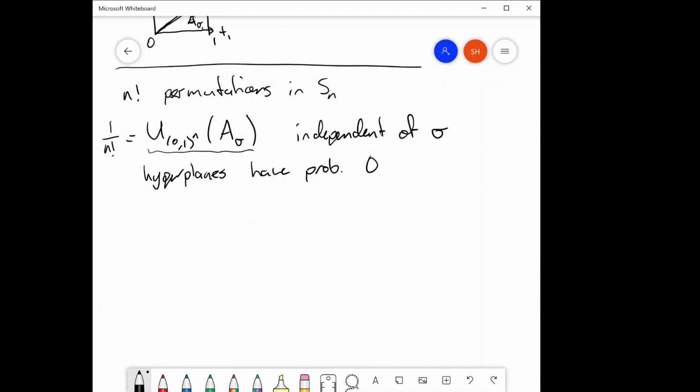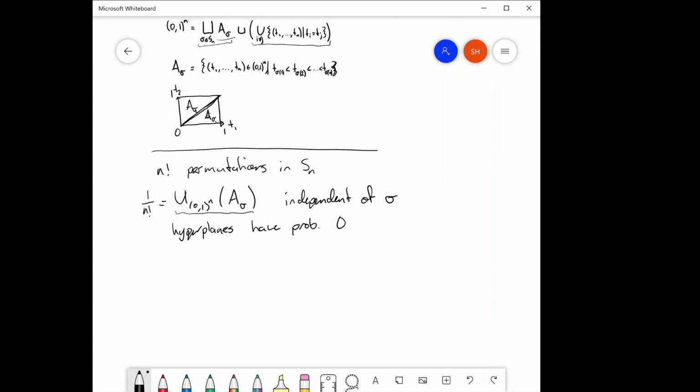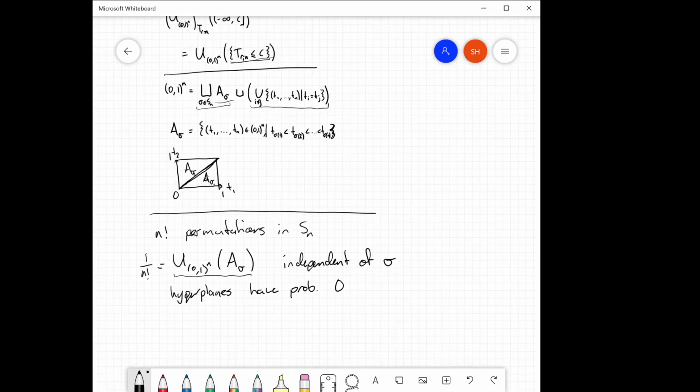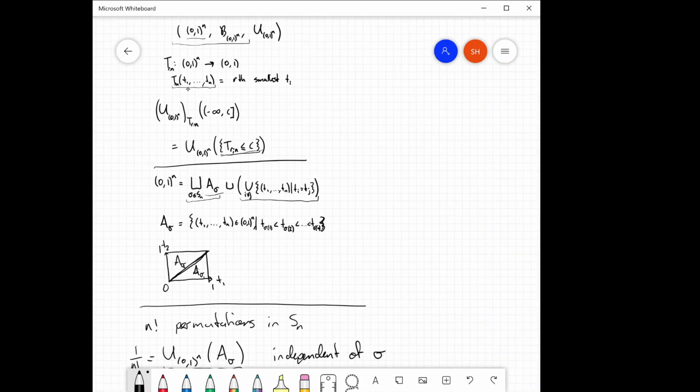Okay, well, for each different permutation we get here, that's going to exactly tell us what T_R^n is, because, well, then they're ordered from 1 to n.